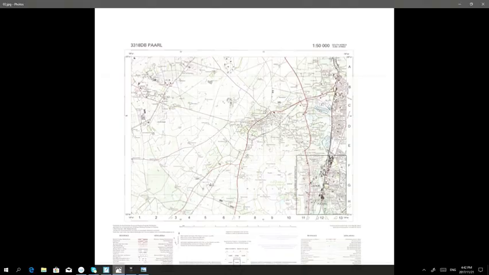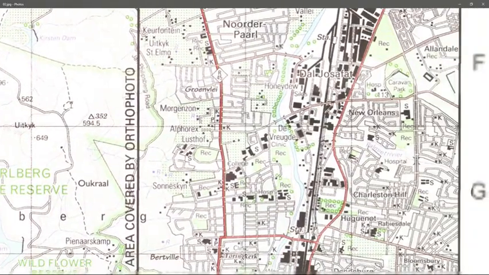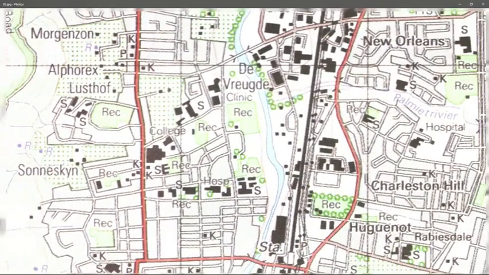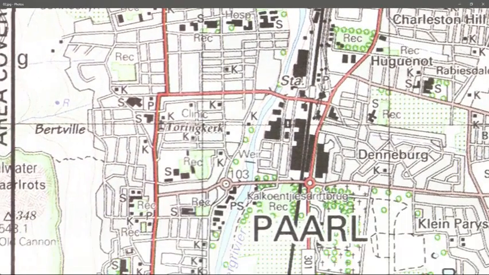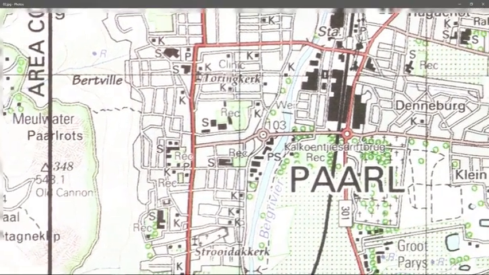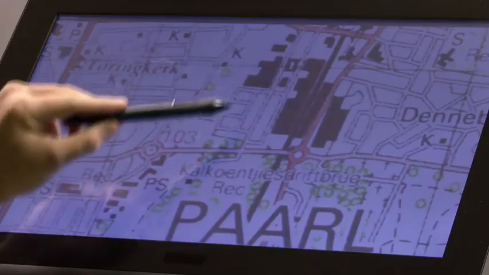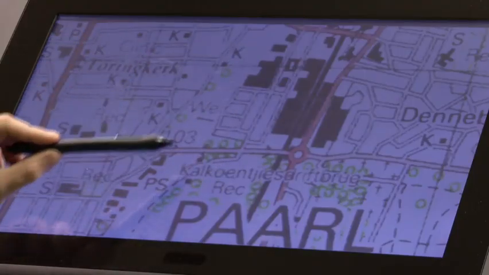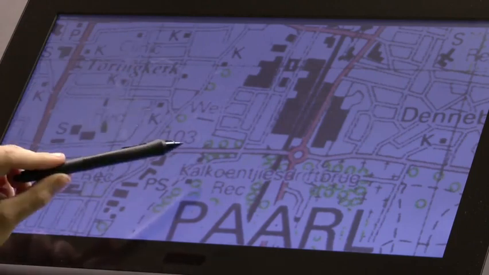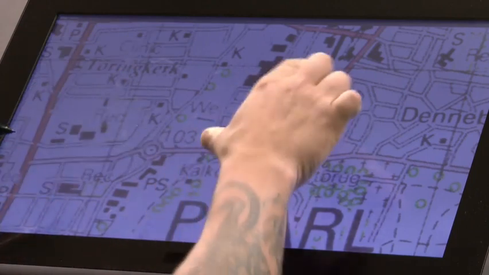If we quickly zoom in, as you can see, there are many industries situated in the town of Paarl, next to the Berg River. Beautiful example situated in Paarl.